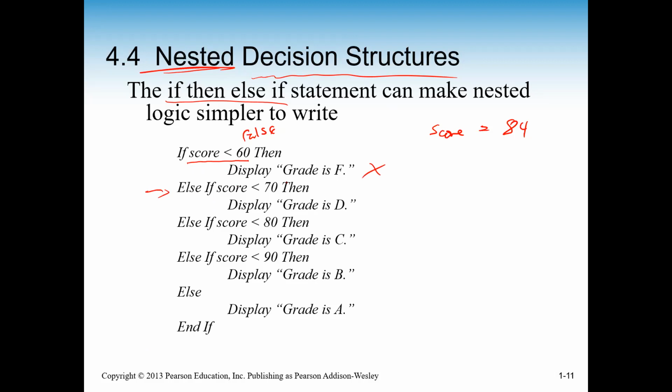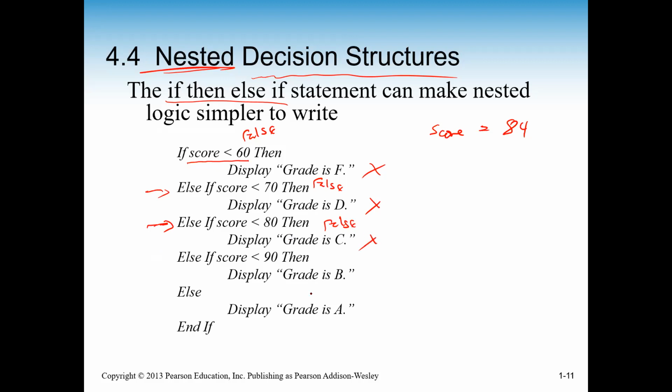No, so that's also false. So it's not going to go in that direction. Now you go in here. Else, if score less than 80, is 84 less than 80? No.